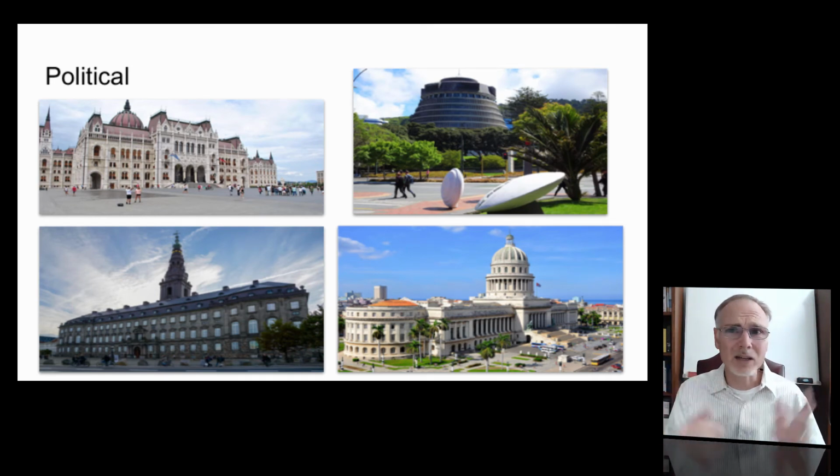This is a big category, and it can include very specific things like stability or instability. It could include corruption rankings. It could include consideration of foreign trade policies, tax policies, and other kinds of legal frameworks.